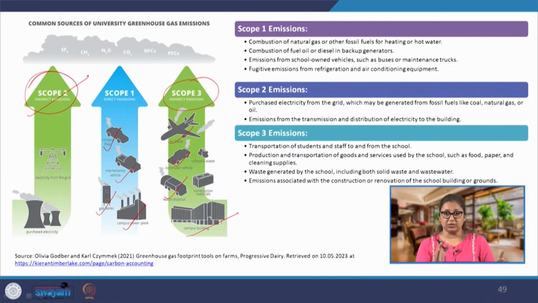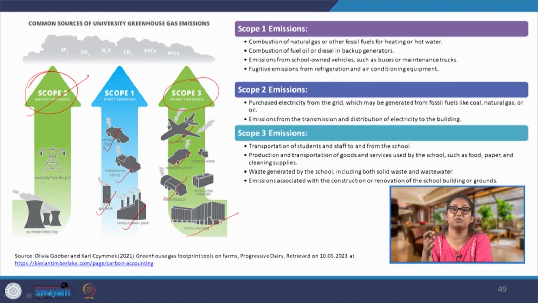So that is what we will continue in the weeks further, how building design and construction is going to impact scope 1 and 2 emissions, and how to reduce the scope 1 and 2 emissions by designing the building and constructing it appropriately for the context and also environmentally conscious, because some things are generic irrespective of the context.